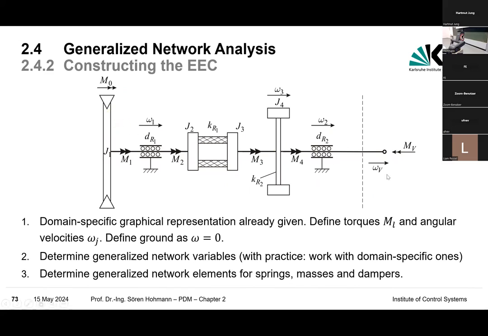So I reduced everything to the mechanical object. Then determine generalized network variables, already done, and determine generalized network elements for springs, masses, and dampers. That's the next step always.